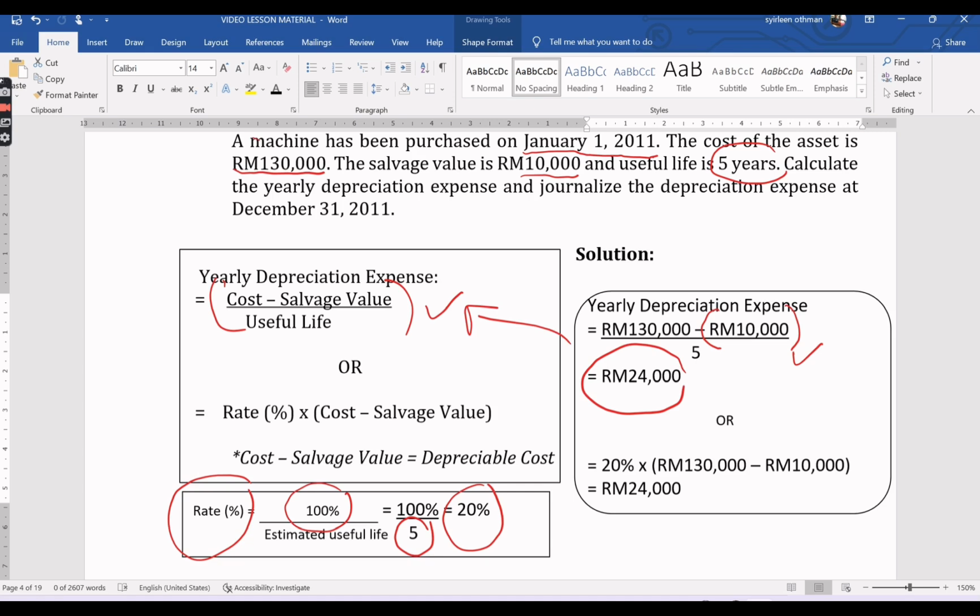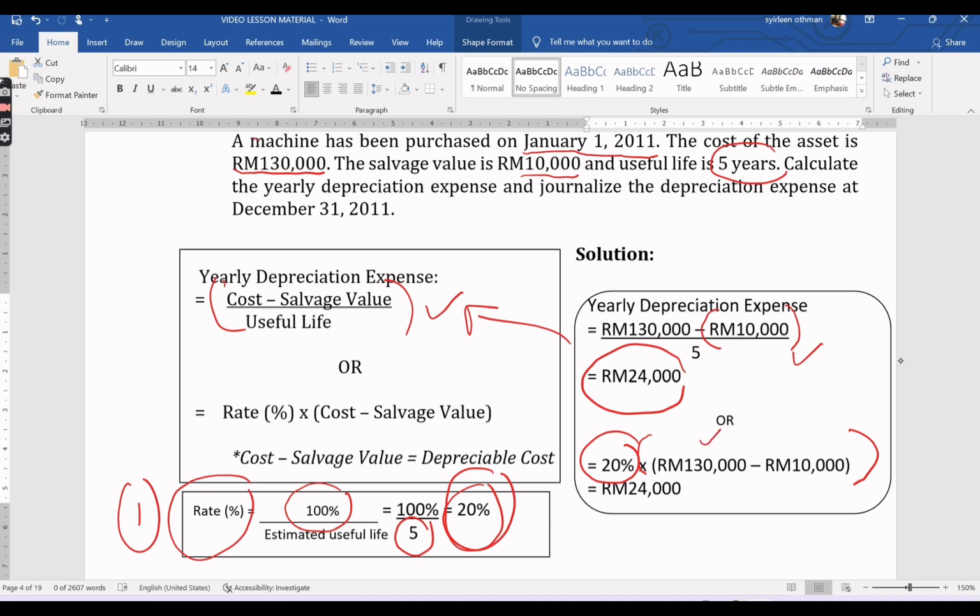The second way is you need to calculate the rate first, if not given in the question. If the rate is already given, then it's easier for you. But if the rate is not given, you need to calculate the rate. From the calculation here, I got the rate as 20%. So how do I calculate the depreciation expense? We take that 20% and multiply. The cost of the asset is 130,000.